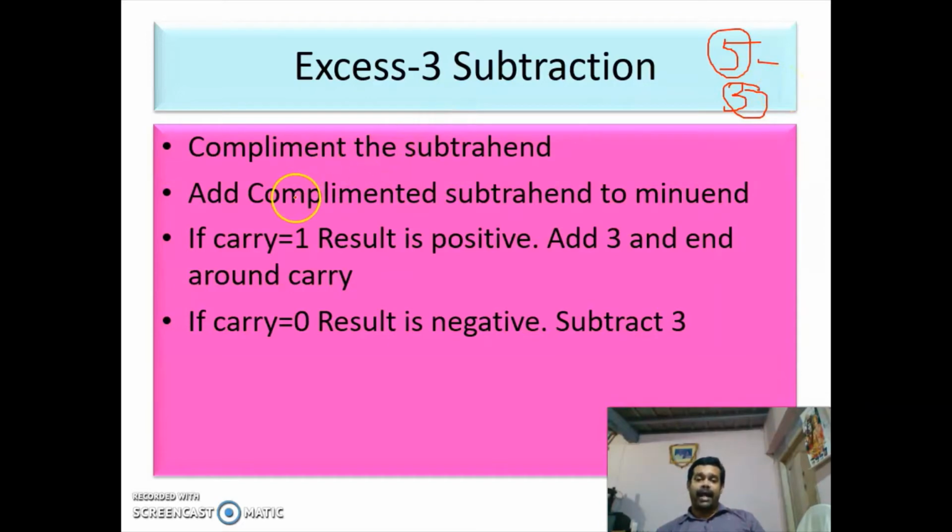Then add the complemented subtrahend with this minuend. If you are getting a carry, then the result is positive. We have to add the carry, and while adding the carry, if you are getting a carry, we have to end around the carry. End around carry means we have to add the carry with that result. If you are not getting a carry, the result is negative and we have to subtract 3.